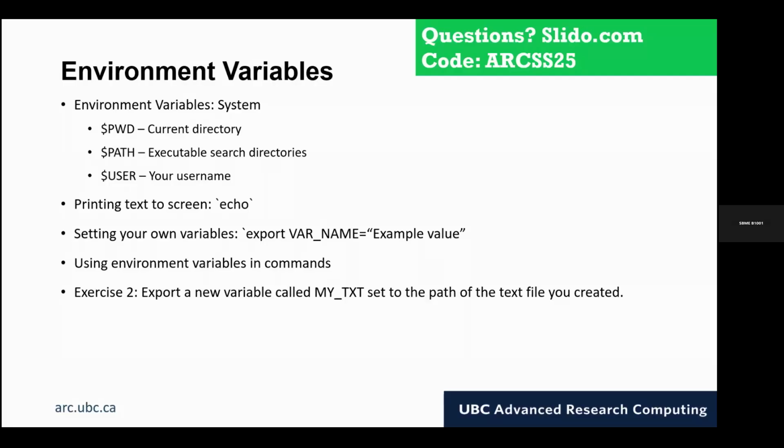So now we want to set our own. In this case, what we want to do is save our own environment variable for the session that we're in. And what we'll use to do that is the export command. We do export, the name that we want to have for our environment variable, equals, and then whatever we want to set it to.